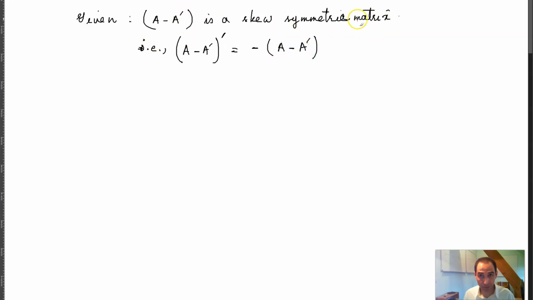That is the meaning of the statement that A minus A prime is a skew symmetric matrix. By definition, that means A minus A prime whole prime is equal to negative of A minus A prime.